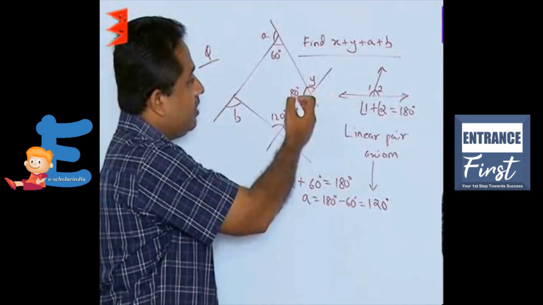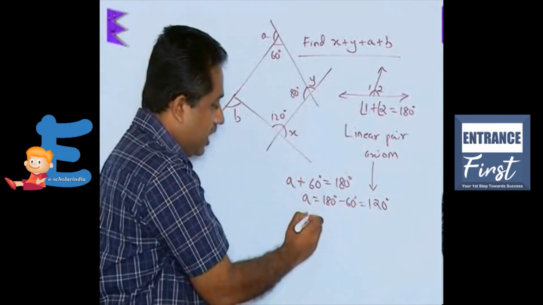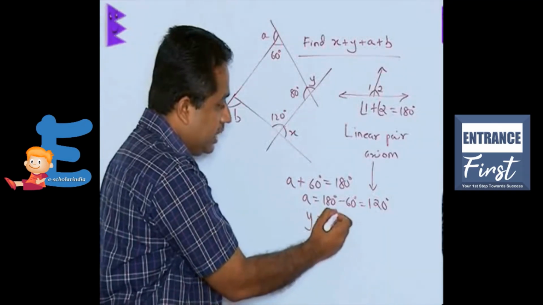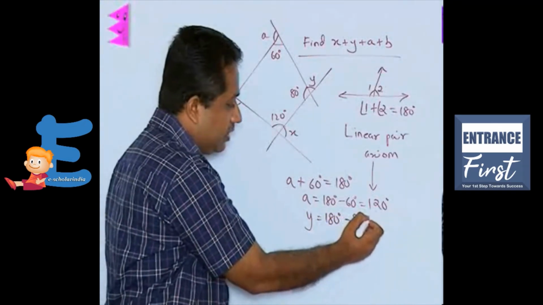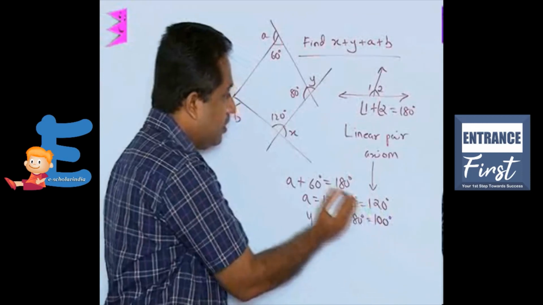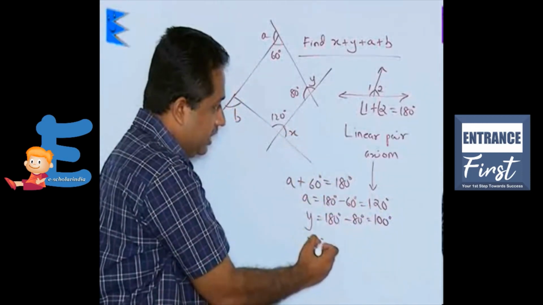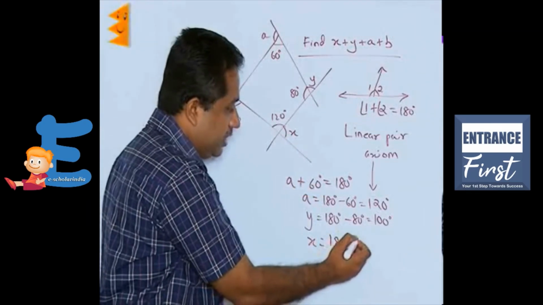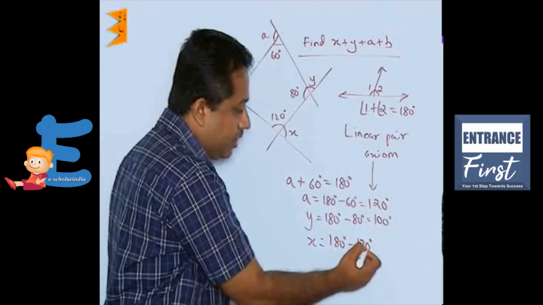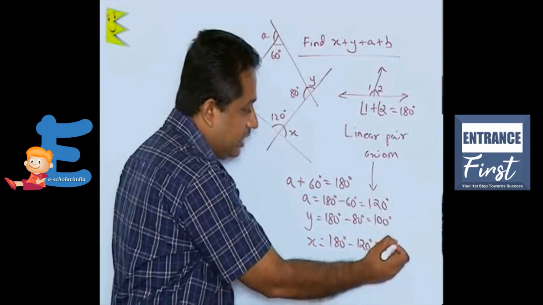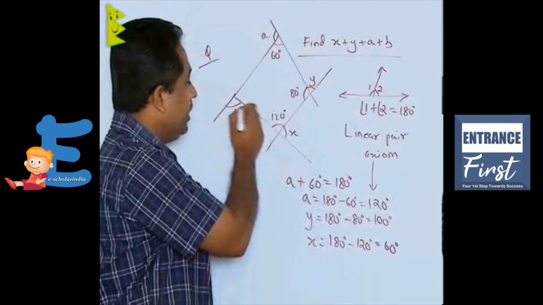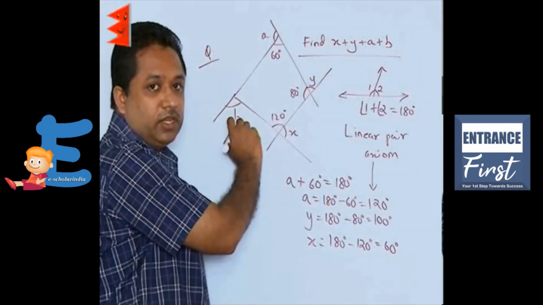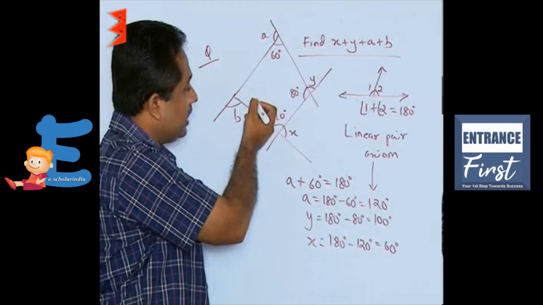Repeat the process here, we get the value of Y as 180 minus 80, that is going to be 100. The value of X, similarly using the linear pair axiom, will be 180 minus 120, and we get 60 degrees.